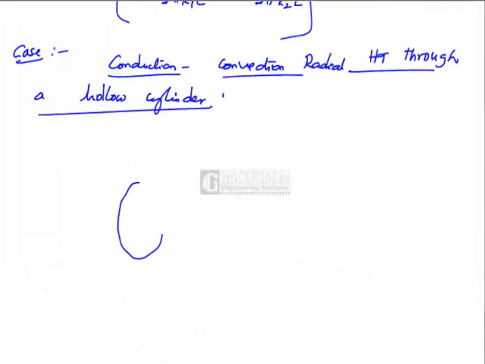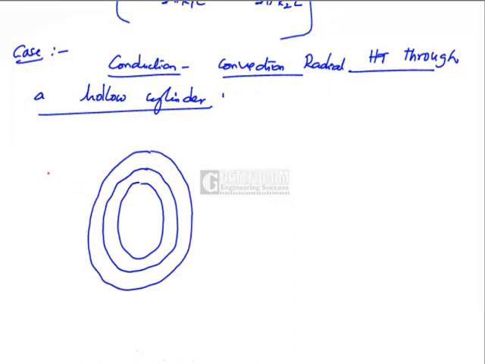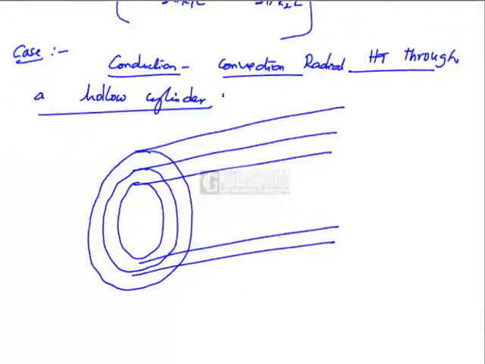Now let us consider a hollow cylinder, one cylinder glued over the other. This is the axis of the cylinder, composite cylinder.